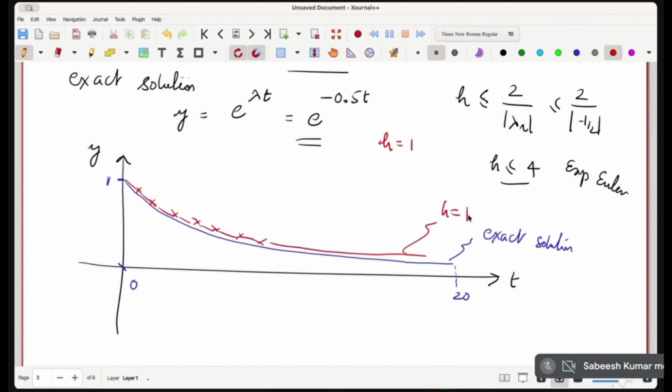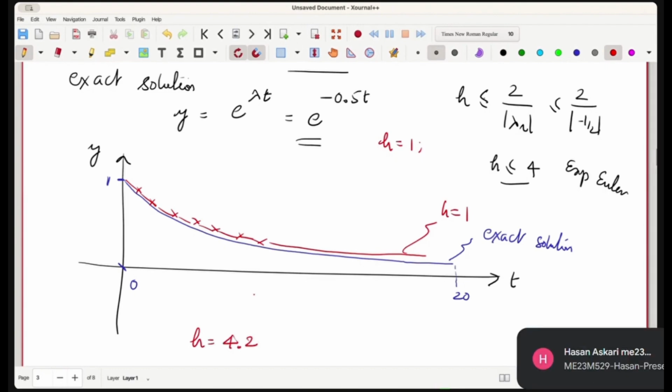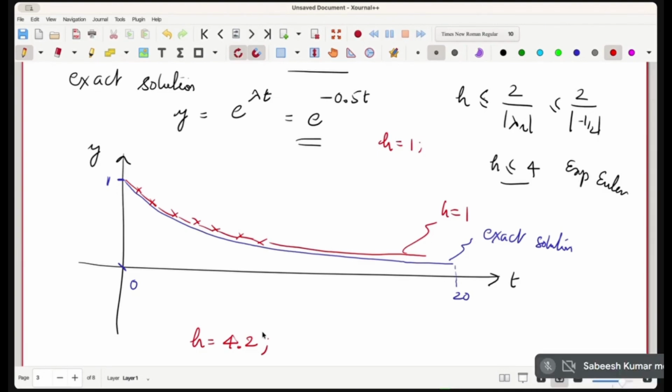Now let us say instead of taking a value that is consistent with the stability requirements of the explicit Euler method, I take a value of h slightly greater than 4. Let me take a value of 4.2. When you take 4.2, your stability is not respected. As a result, your solution will look like what we have discussed: it's going to diverge and oscillate.